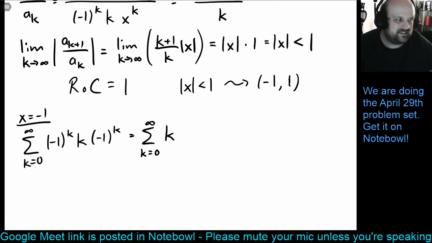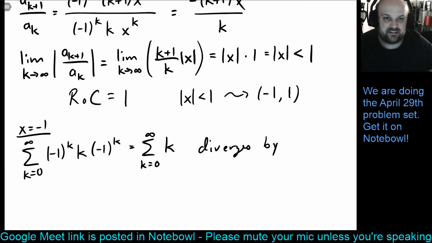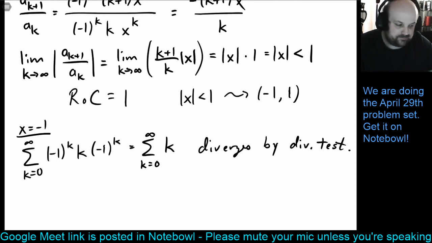That's a sum that's going to infinity, so this diverges. We should say a test to show this diverges, which in this case, the divergence test does perfectly fine. Or you could do the integral test even. The ratio test won't work. The ratio test will give you 1, and that's why we have to check the endpoints separately here.